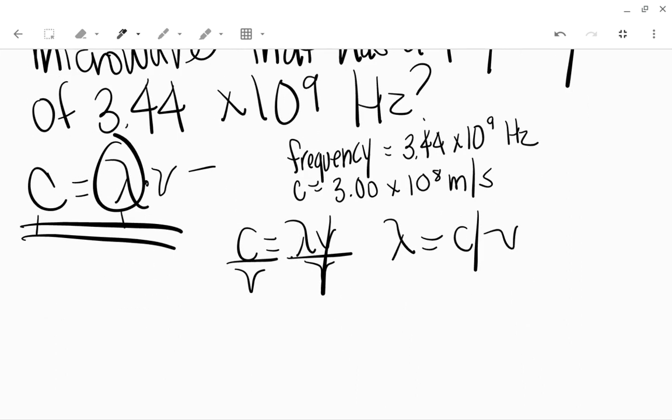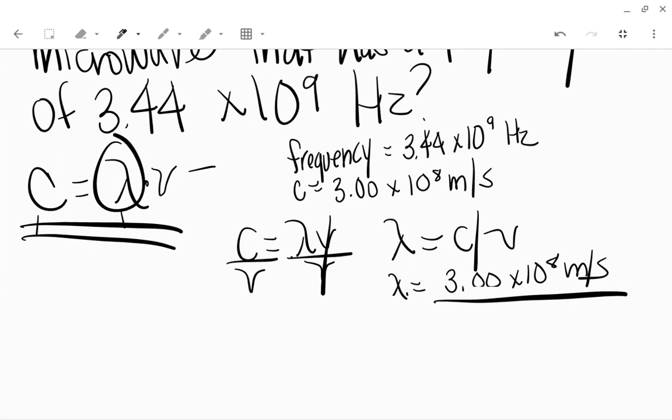So I'm going to scroll up a little bit. Now I've rearranged my equation so that I can solve for the wavelength, and I'm just going to substitute numbers here. So lambda will equal 3.00 times 10 to the 8th meters per second divided by my given for frequency, which is going to be 3.44 times 10 to the 9th hertz.